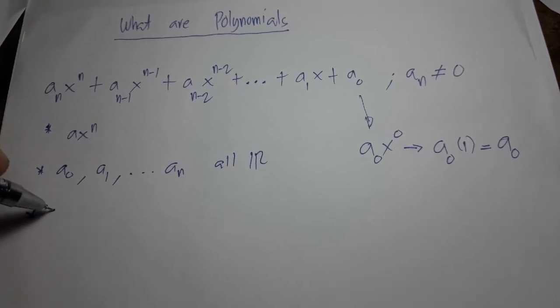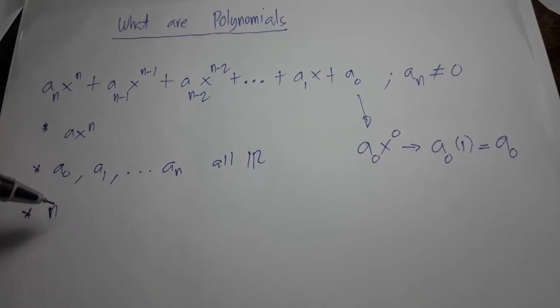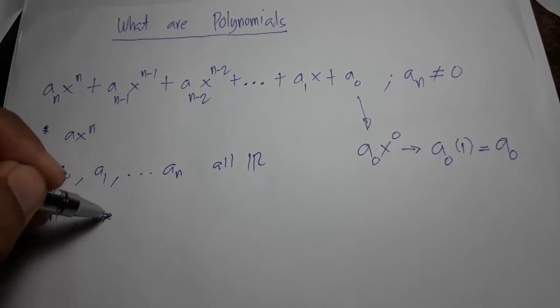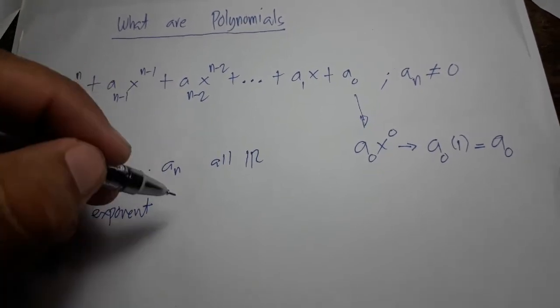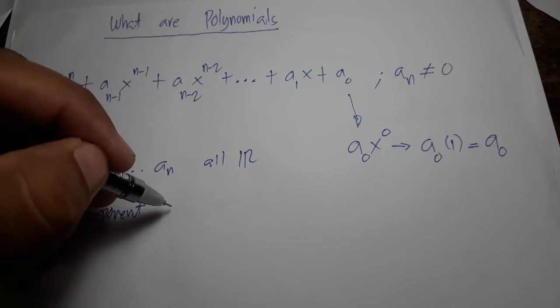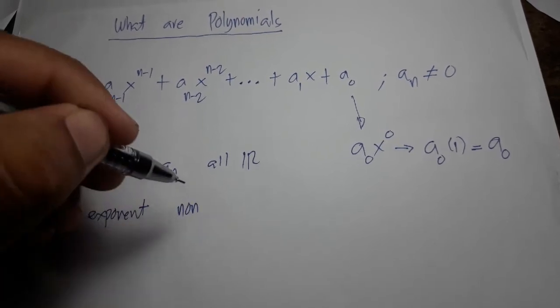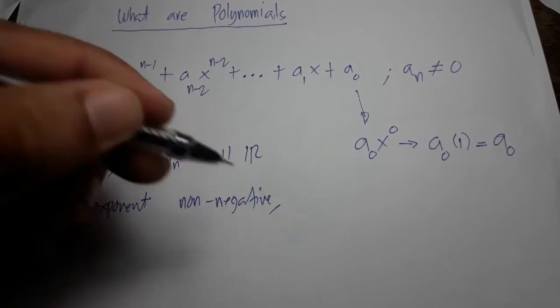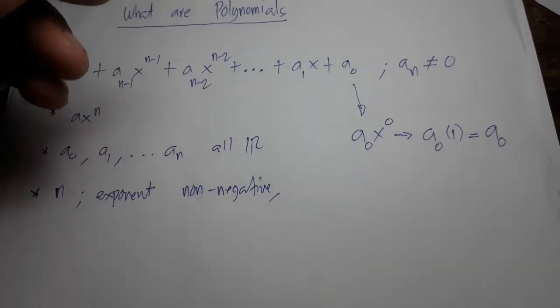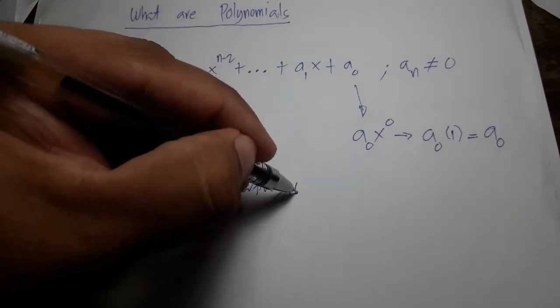Okay, so we have here n for the exponent. They must be what? Non-negative. Then not fractions.